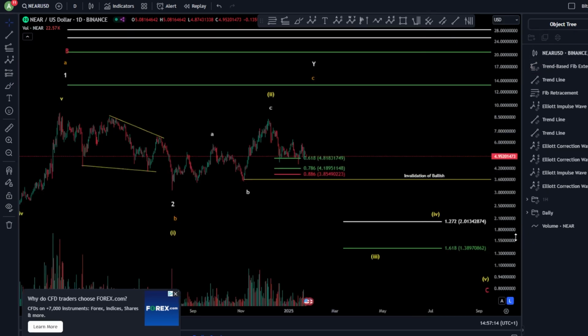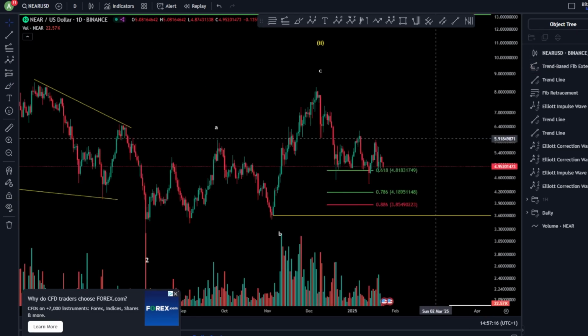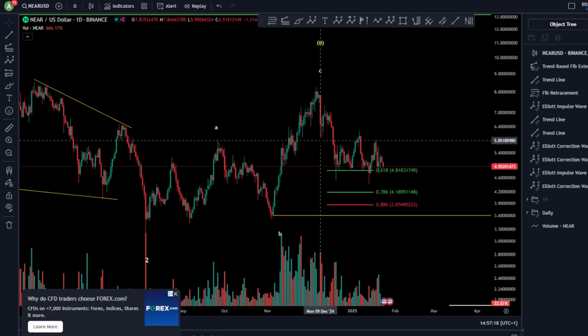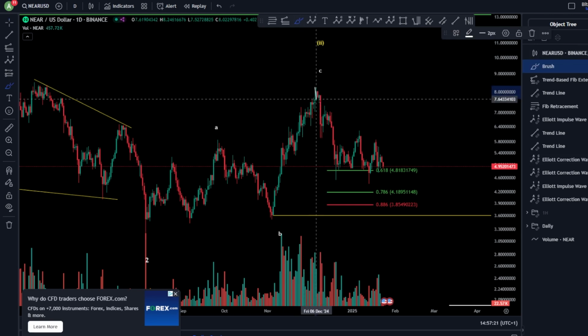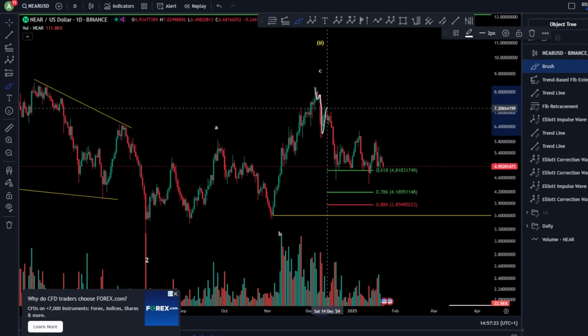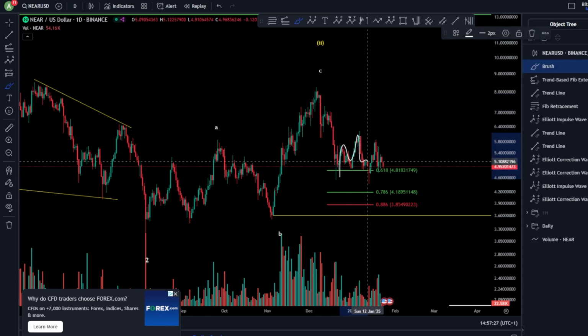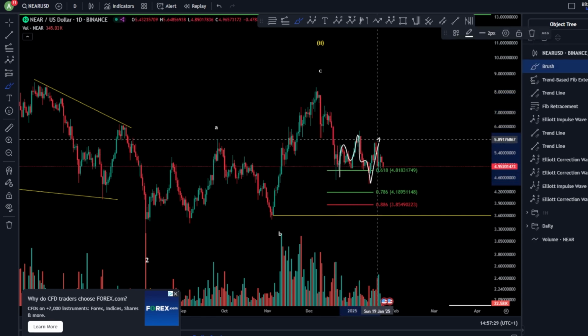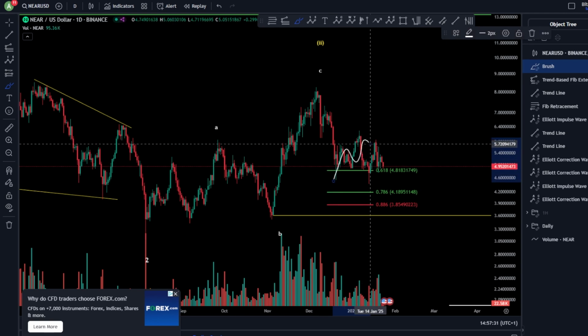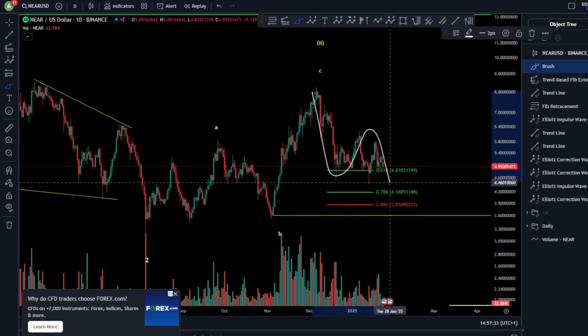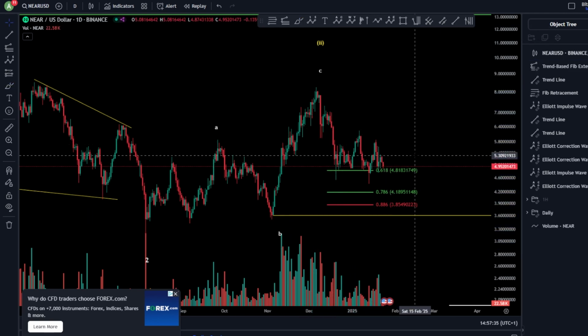Here we go. And if we take a closer look at it, we can see that this might be a very clear impulse, where you have 1, 2, 3, 4, and a 5, finishing the wave 1. Then A, and then a B, and then C or WXY, finished here for your wave 2, and then continuation toward the downside.